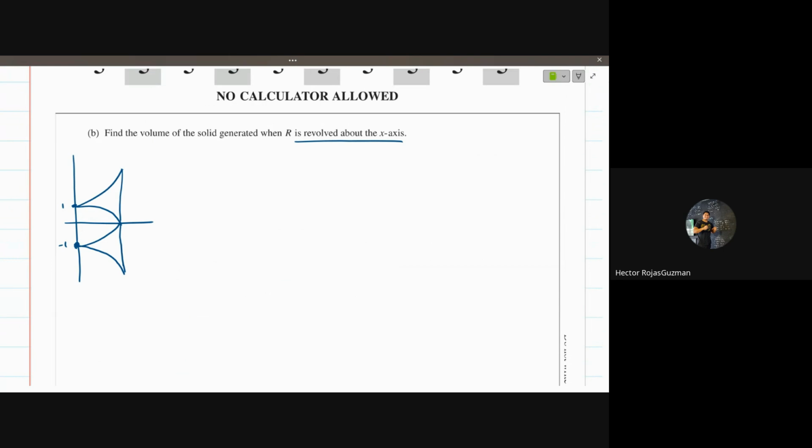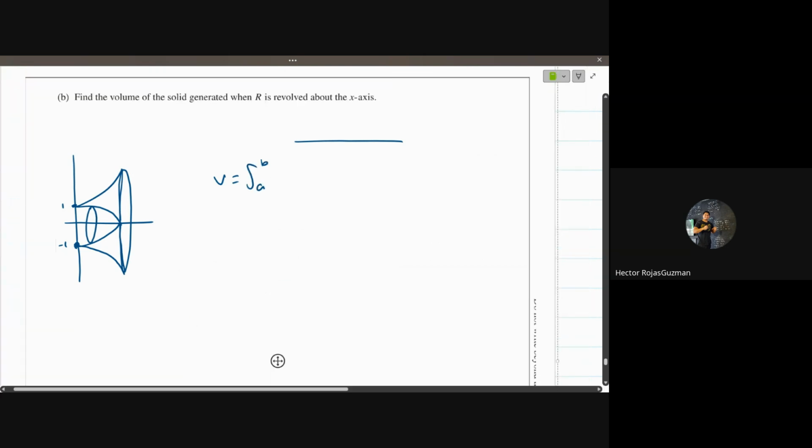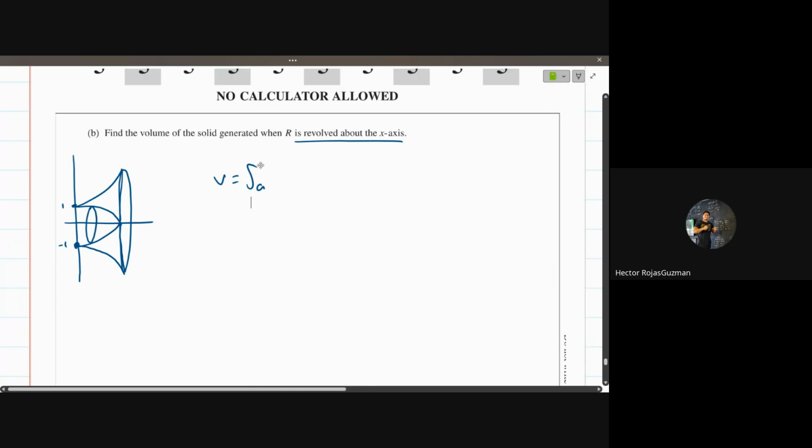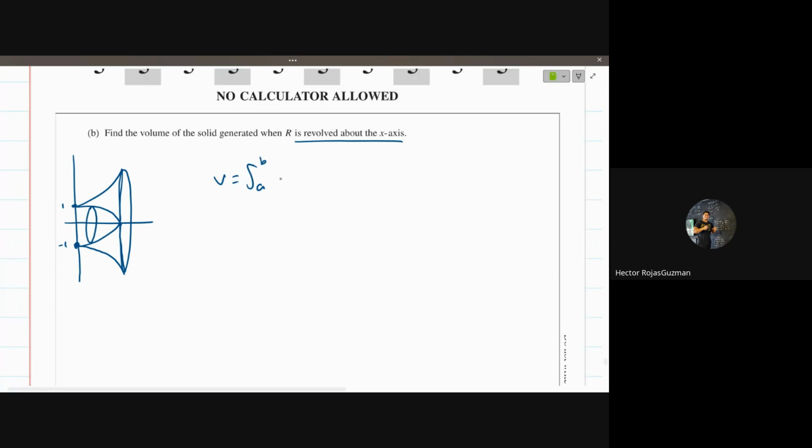Now, as you revolve it, we're going to be getting an outer circle, and then we're going to also get an inner circle with a gap. Okay. So the volume of the solid is going to be the integral from a to b of pi r squared minus pi r squared dx.